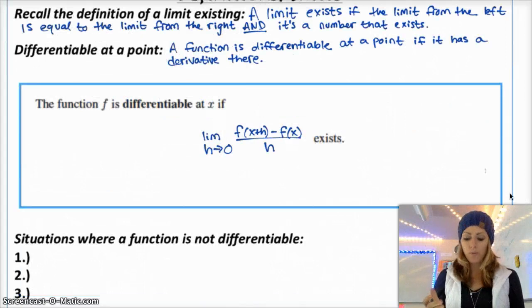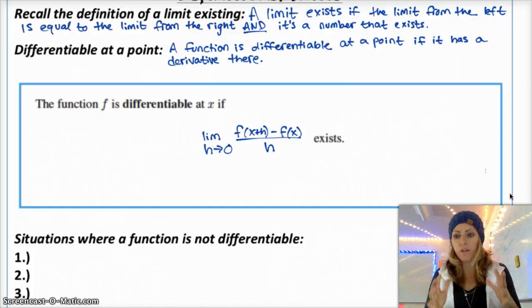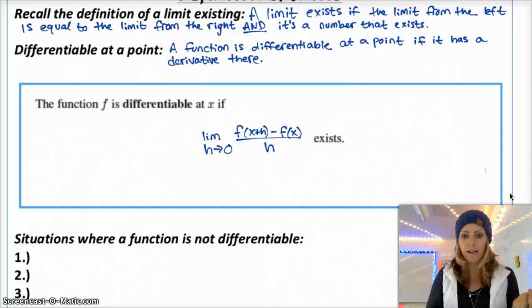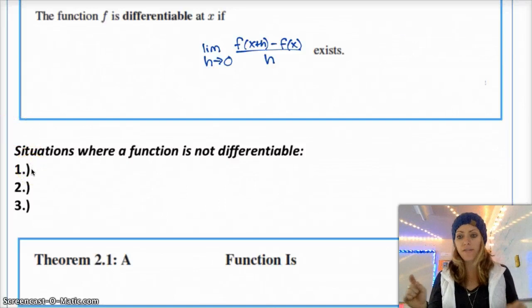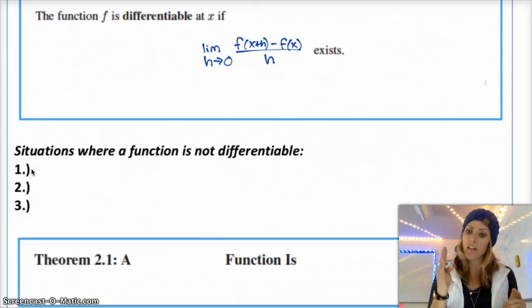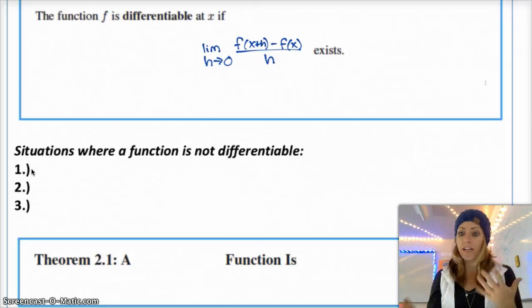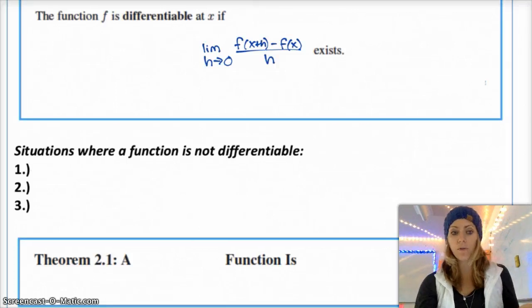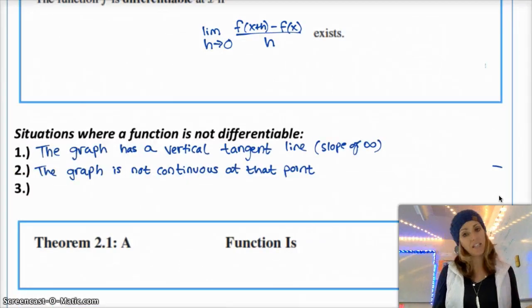There are three general indications that something is not going to be differentiable. The first is if the slope at the point is a vertical line, because the slope of a vertical line is 1 divided by 0, which is infinity. Two is that the graph is not continuous at that point.